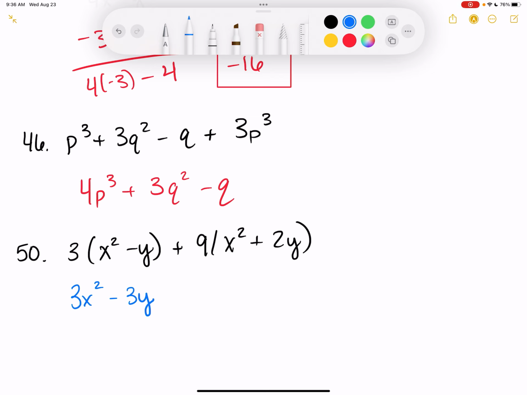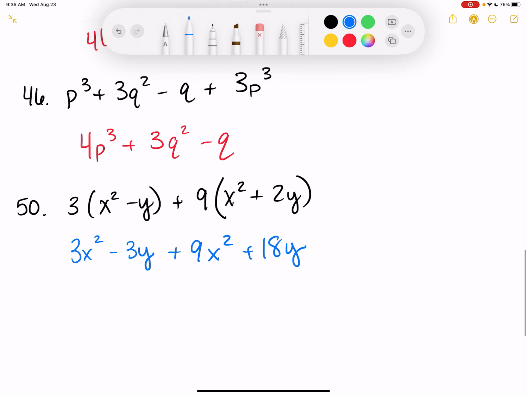Okay. So then plus 9x plus 18y. All right, and what does that give me? 15y and then 12x squared.